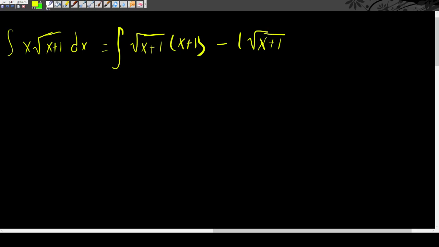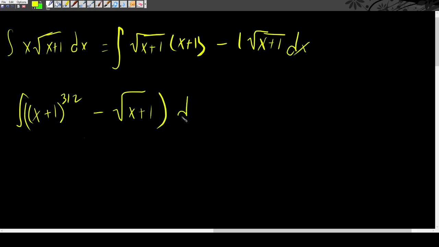So I split it. Is what this is called, splitting. Then you're gonna want to apply linearity, like we did the first time. Actually, no, not yet. You're first gonna want to just distribute these two, and then minus the square root of x plus 1 dx.